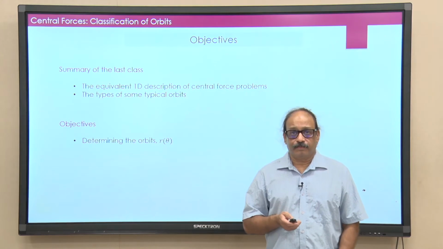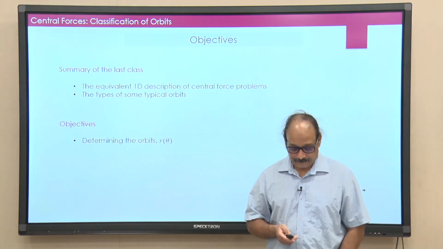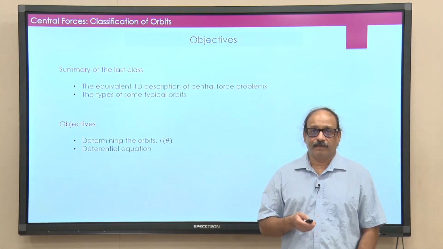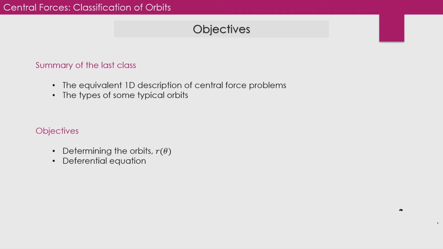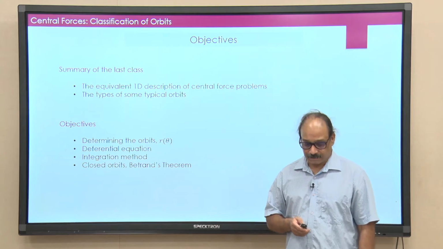Since we are using polar coordinates, it would come to distance as a function of theta, and then we will derive a differential equation which gives us the orbits directly. I will also discuss another method by which you can directly get orbits. And finally, we will close this lecture by discussing when we are likely to get closed orbits. That question is also fascinating. I will discuss this when we come to that section.